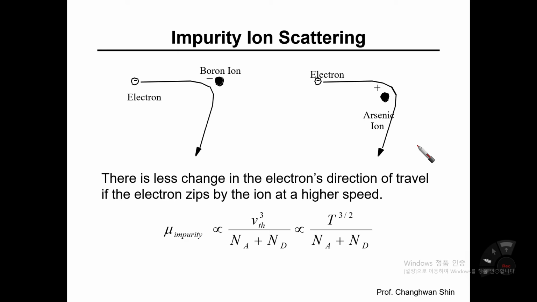The active electrons and holes can zip by the ion at a higher speed, as I told you before, so in terms of mobility governed by ionized impurity, as temperature increases, its mobility increases. Whenever we are searching how good the mobility of electrons and holes is, we should always take care and watch out for the temperature regime.